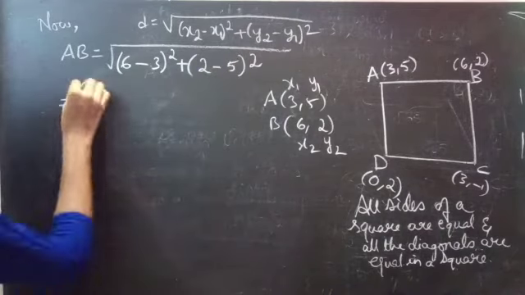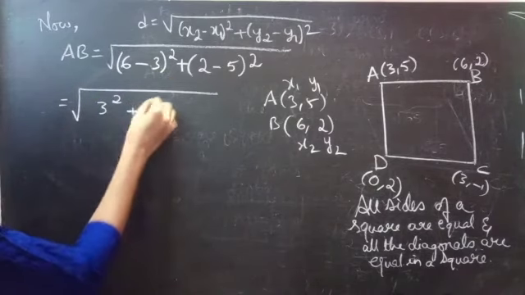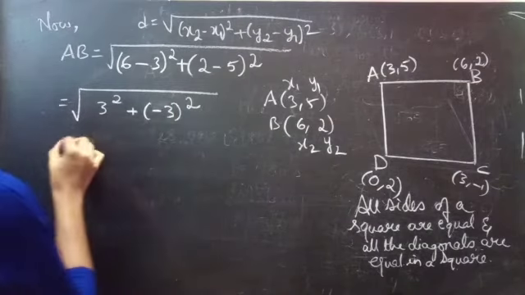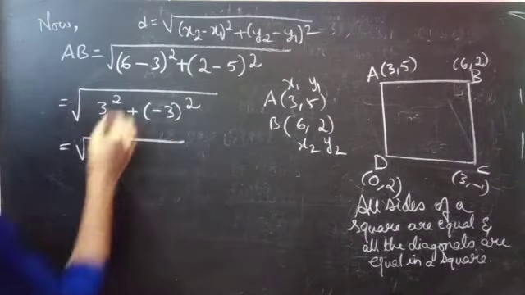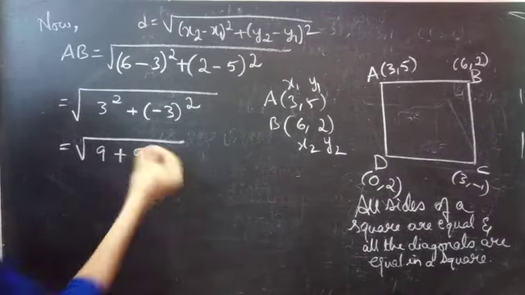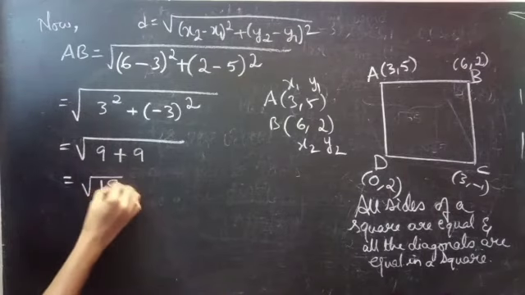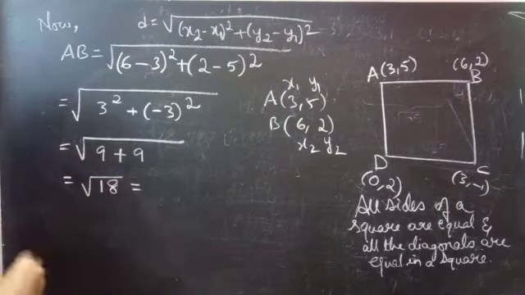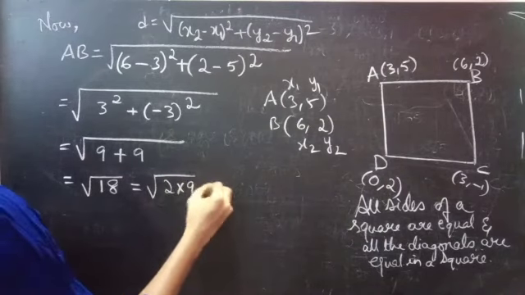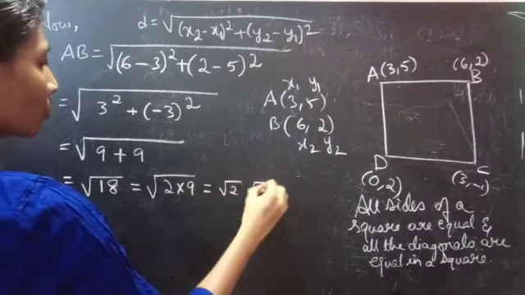So this is equal to square root of (6 minus 3 is 3) 3 square plus (2 minus 5 is minus 3) whole square, which is 9 plus 9. So you can write it as square root of 18, or 2 into 9, which is equal to root 2 into root 9.